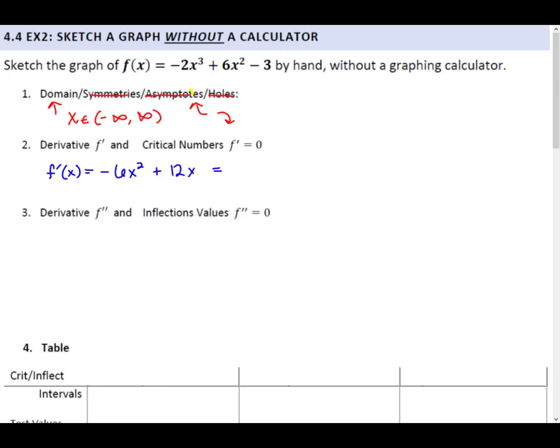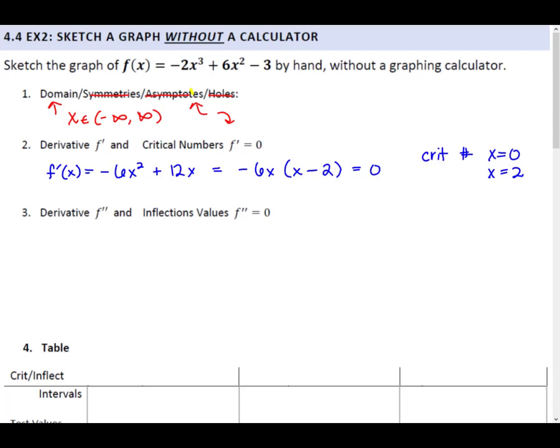So I'm going to factor out negative 6x, and that leaves me with x minus 2. If I set this first derivative equal to 0 and solve, I'm going to get two critical numbers: x equals 0 as well as x equals positive 2.